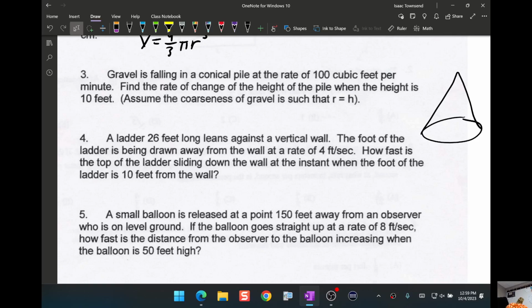Did you rationalize it? Wait, how did you get the 10 on top? I was just trying to cut it down. Oh, I figured that out.